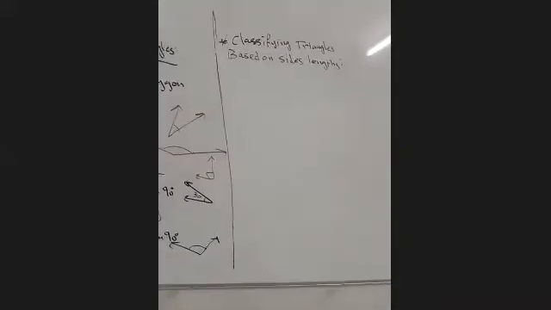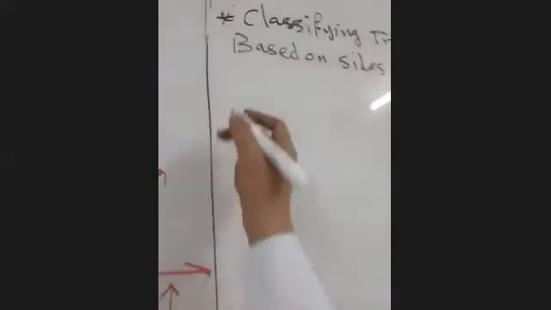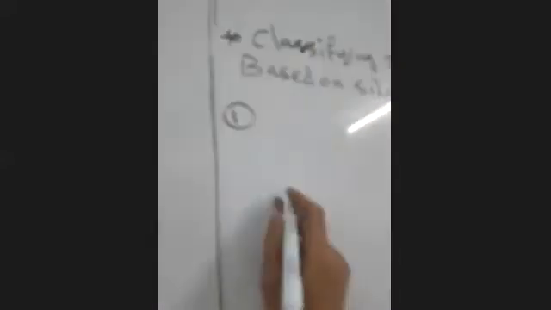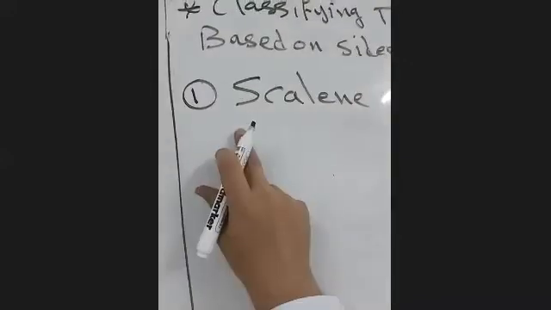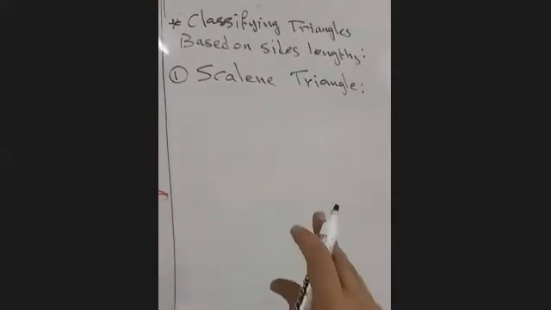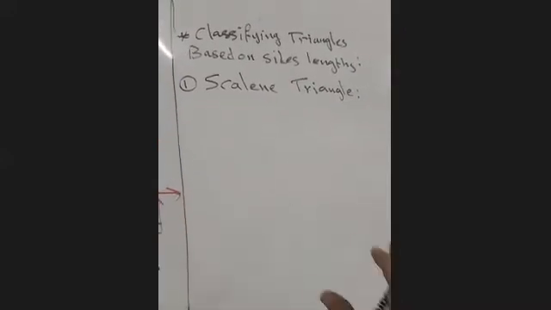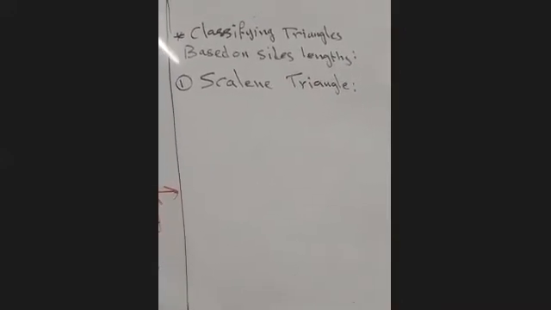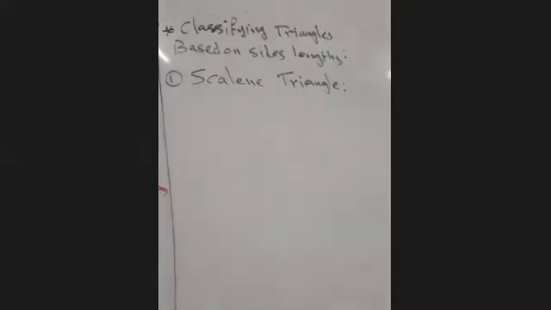We have 3 names of the triangle depending on the sides length. The first one, we call it scalene triangle. What is the scalene triangle? It is a triangle with different sides lengths. A triangle with no equal sides lengths.